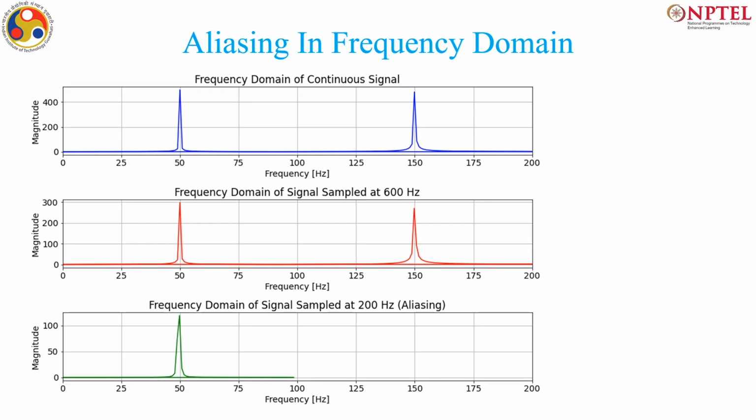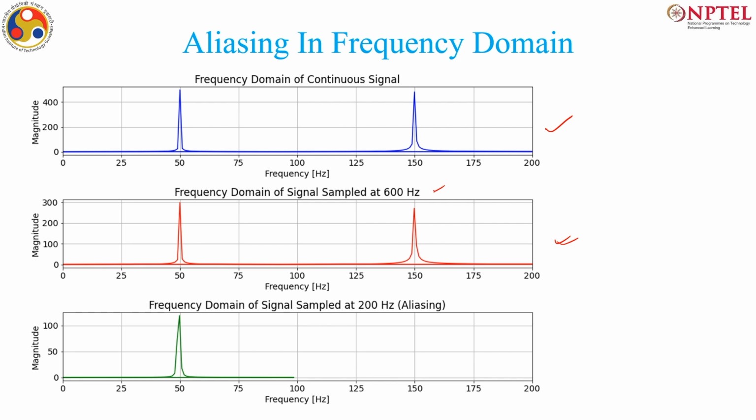What is aliasing in frequency domain? The same thing can be seen in the frequency spectra. If this is the original frequency domain representation of the signal, and I sample at 600, I clearly retain both the components of the analog domain.